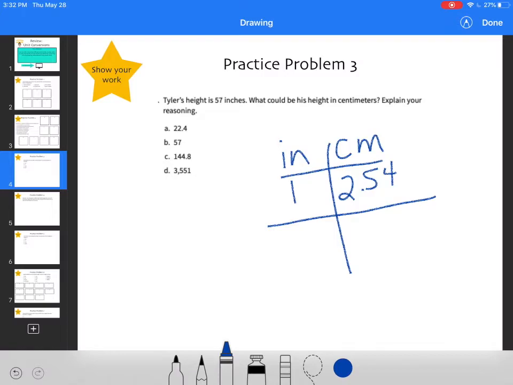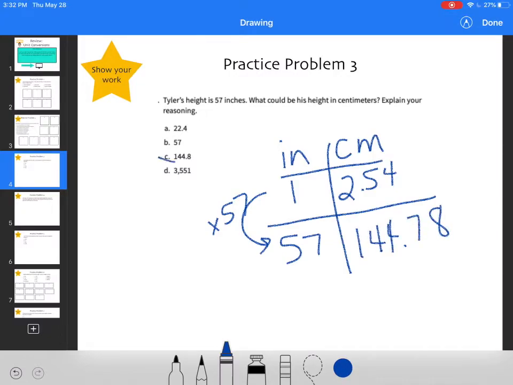So if I have 57 inches, how many centimeters would that be? So I'm multiplying by 57. I'm going to use my calculator and multiply the other one by 57. So 2.54 times 57 is 144.78. So that would be C.